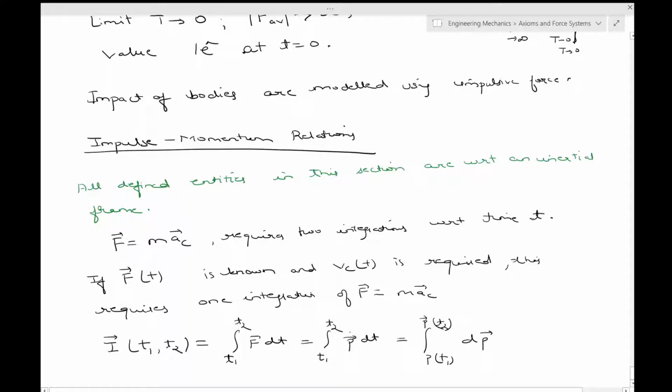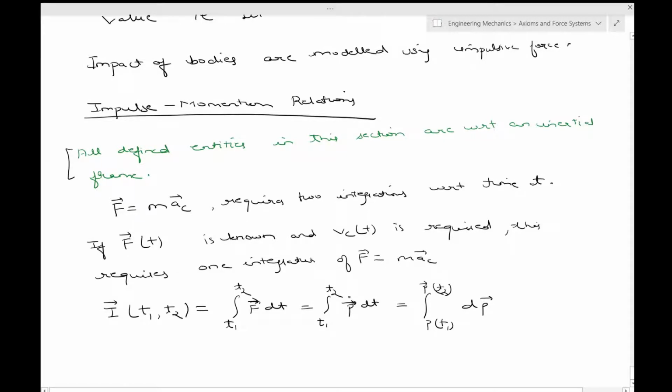Now you can see that we have written F equal to p dot, and that is Euler's axiom, and that is only valid in an inertial frame, hence justifying this statement in green. Okay, the Euler's axioms are only valid in an inertial frame, hence this was defined like this.